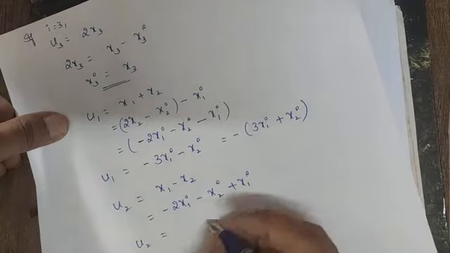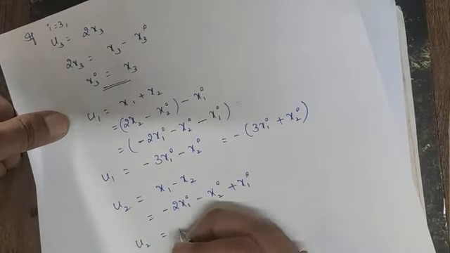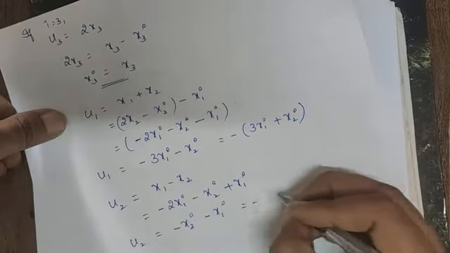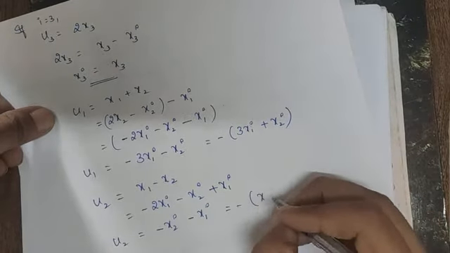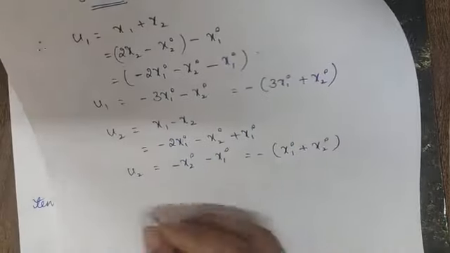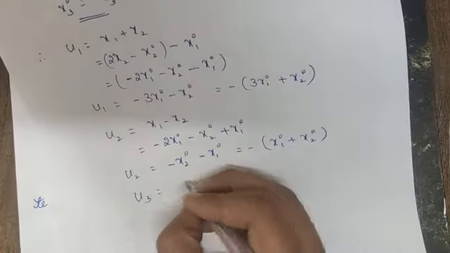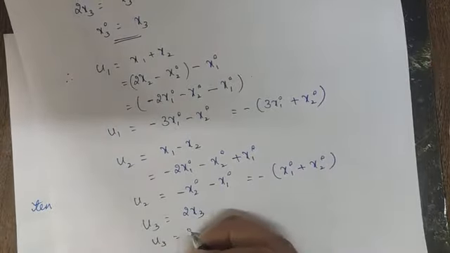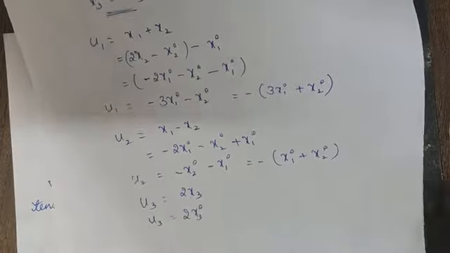So u2 becomes minus x2 naught minus x1 naught. If you take out minus outside, you will get x1 naught plus x2 naught. This is your u2. u3 is 2x3. x3 is nothing but x3 naught. So u3 becomes 2x3 naught.